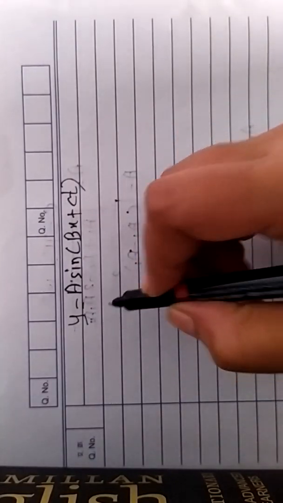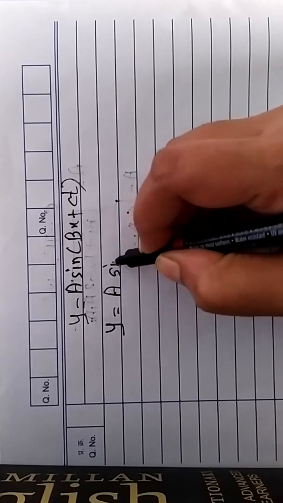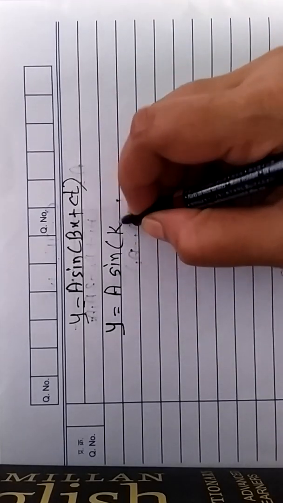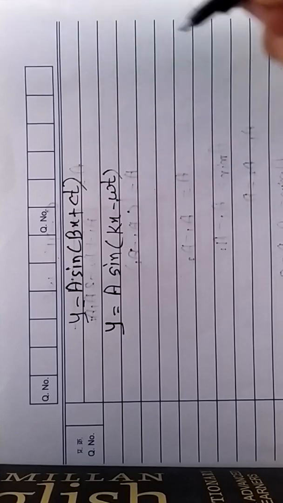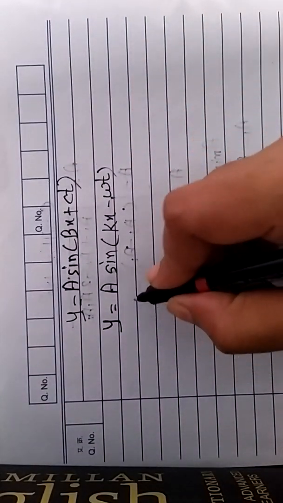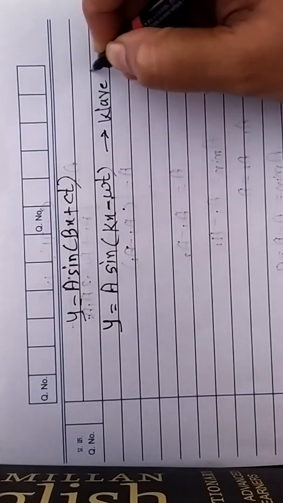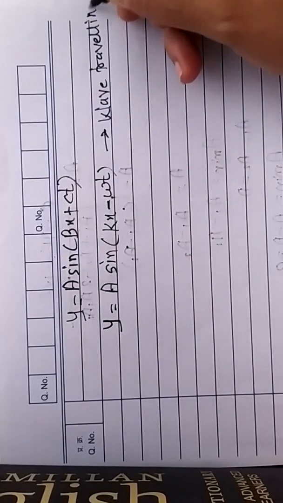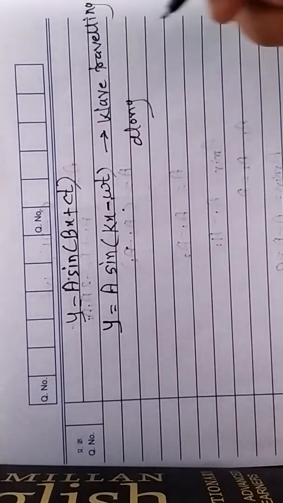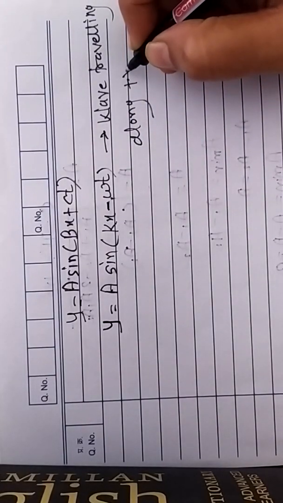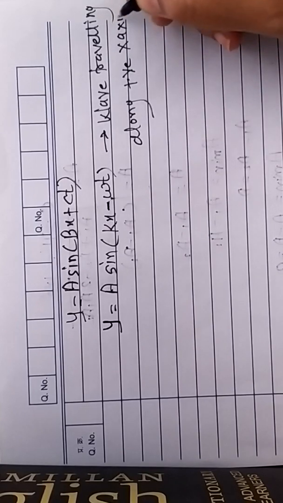In the previous lecture, we saw the equation y is equal to a sine of (kx minus omega t), where the minus sign is due to the wave traveling along the positive x-axis.